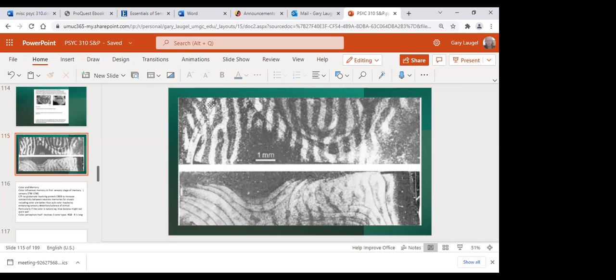And what happens is that by special techniques, the scientists are able to inject a radioactive dye. I believe this is radioactive, I'm not sure. The dye gets taken up into the nerve cells from the eye into the LGN of the brain, and then it actually passes through to the cortex.